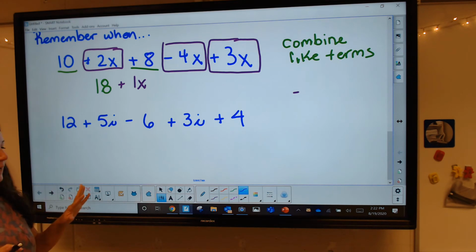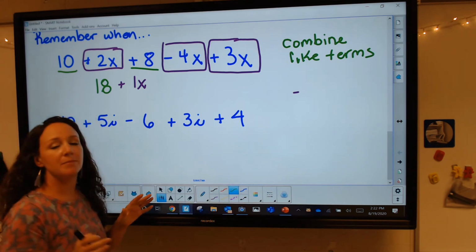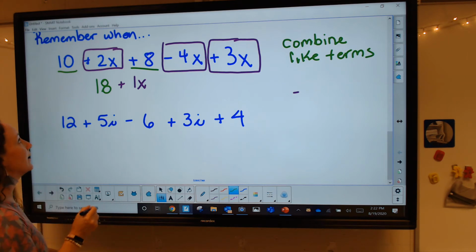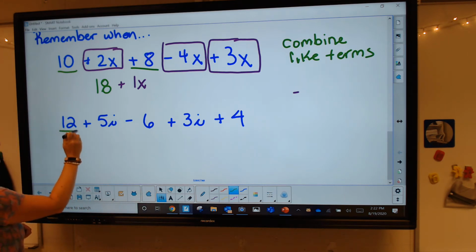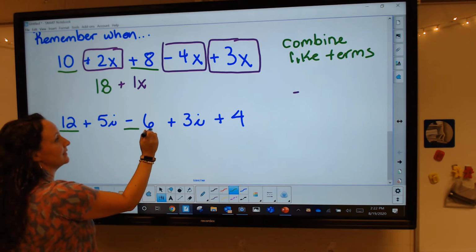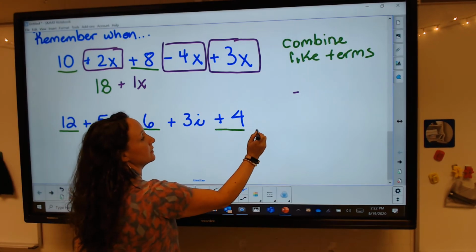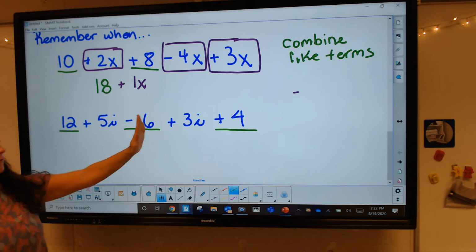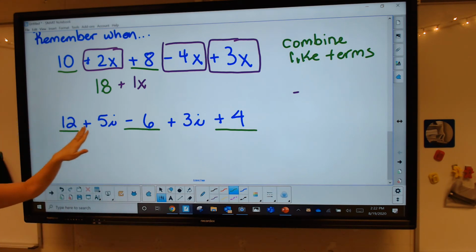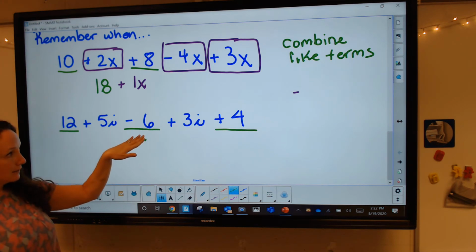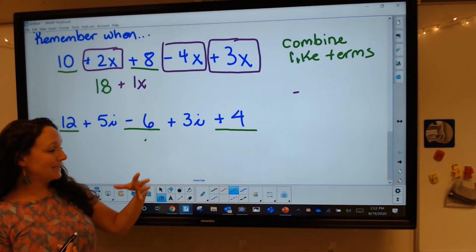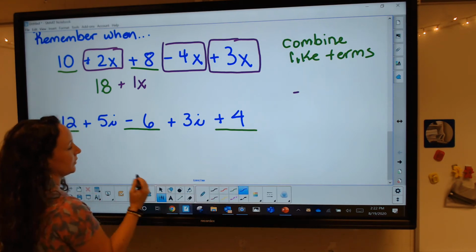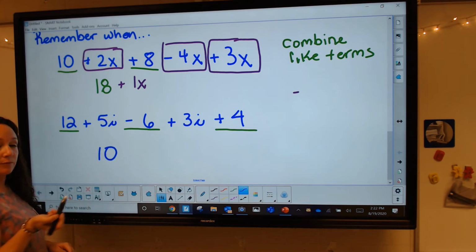Just for the sake of order, I'm going to combine the real parts first. A real part is anything that does not have an i. So I have 12 is real, minus 6 plus 4. Order of operations says I can just do everything from left to right. So 12 take away 6 is 6, plus 4 would be 10. So 10 is my real part, that goes first.